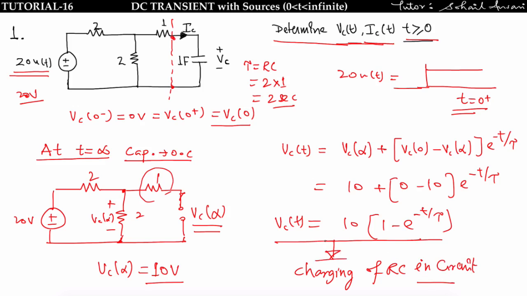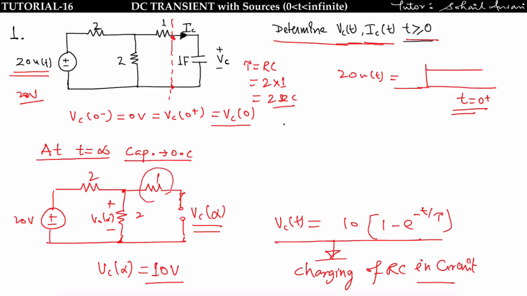Now we found Vc of t and we have to find the next, Ic of t. What is the Ic of t? We know Ic of t is equal to C dV by dt. Okay, differentiate this voltage equation with respect to time, you will get C d by dt of 10 into 1 minus e to the power minus t upon tau.